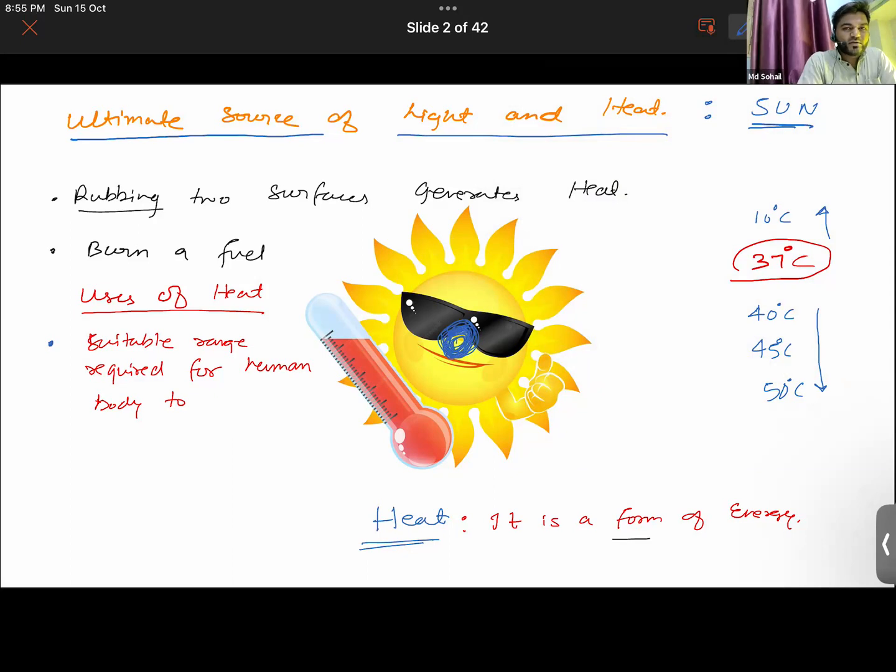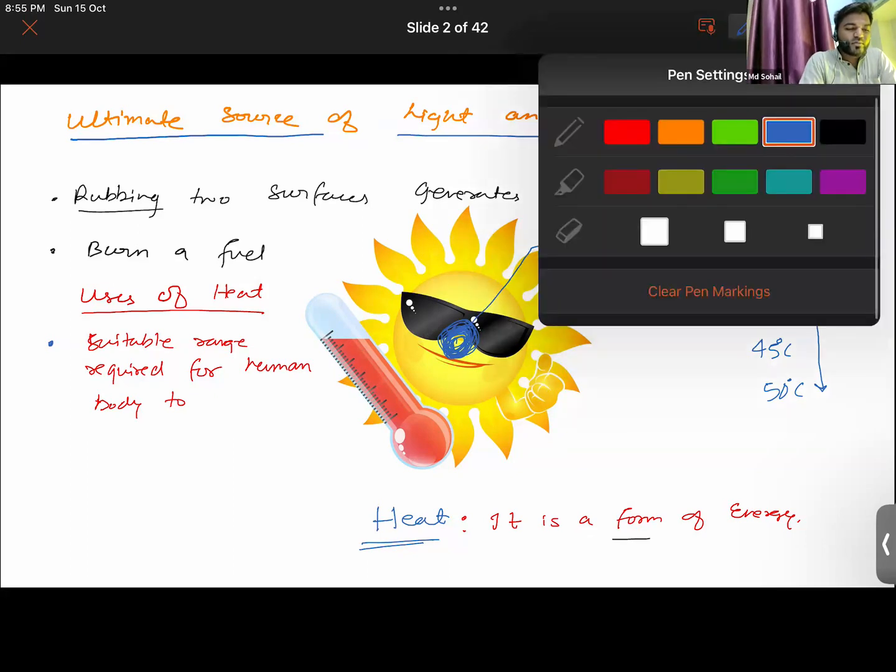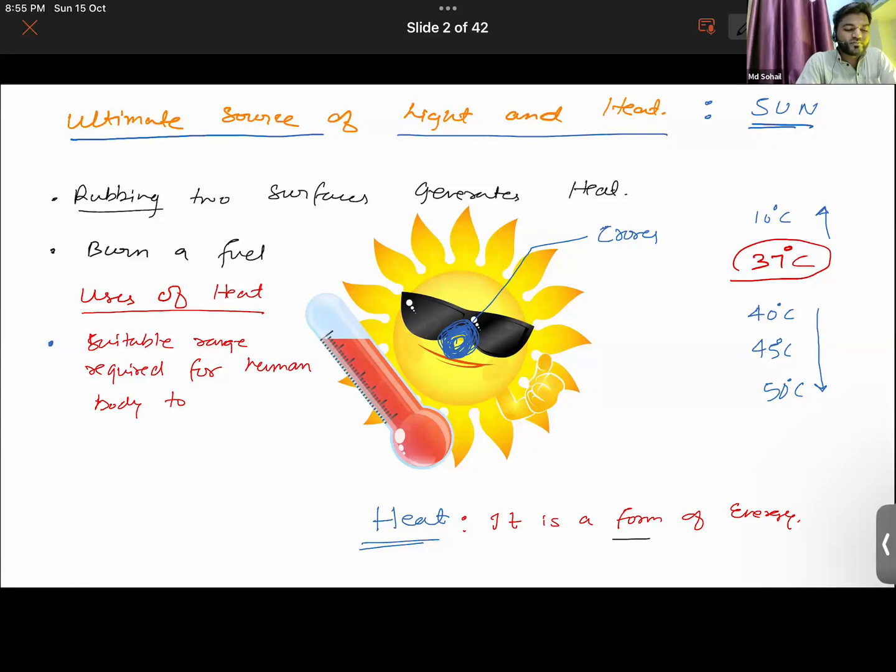If you were to look at the core of the sun, there the temperature is in crores. Coming to the surface of the sun, that is somewhat colder than its core, and it is somewhere around 5500 degrees Celsius.